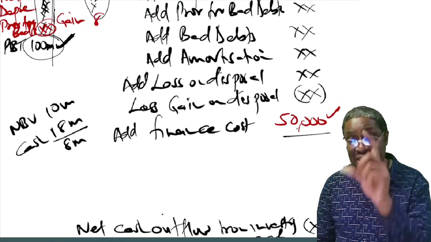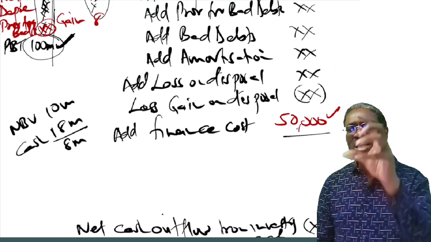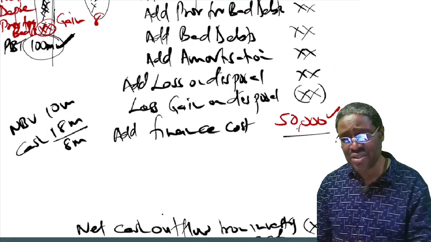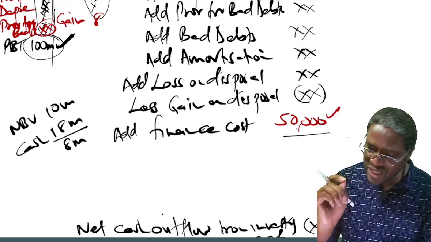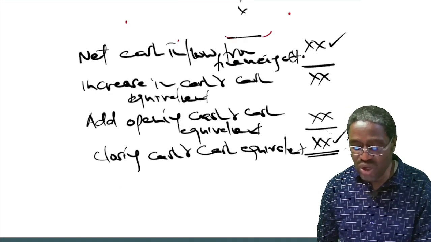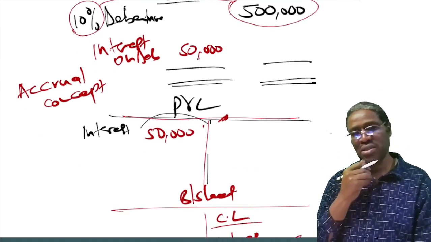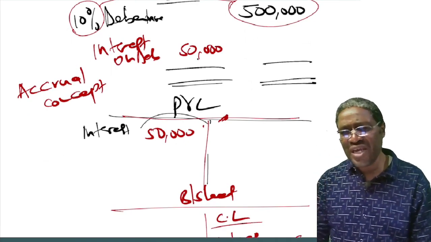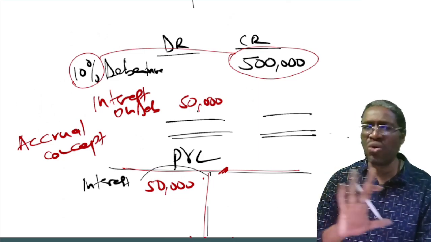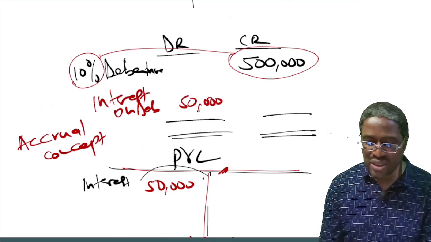The answer is yes. Even if we paid 50, in the trial balance, among the non-cash items, you still must use the 50. Reason being, whenever a company is preparing their income statement, it does not matter to them whether they have paid interest or not. They charge the year.